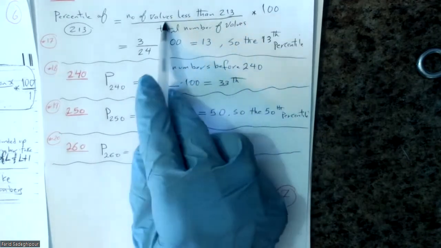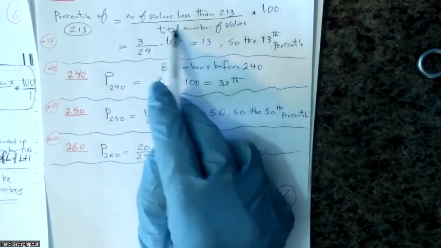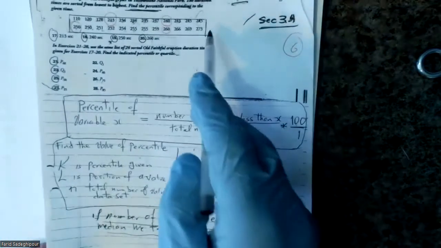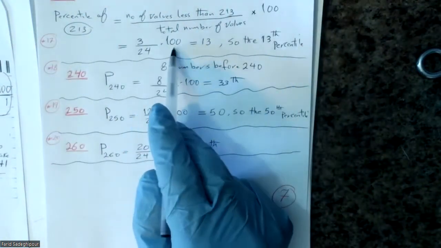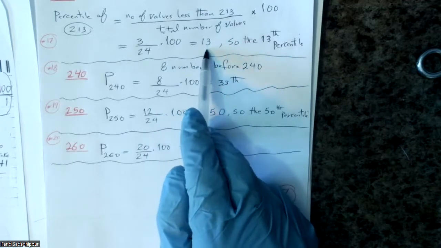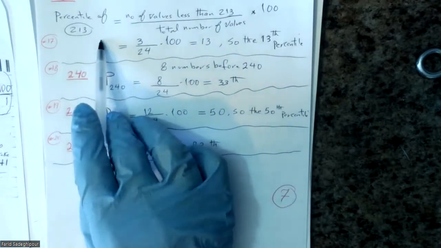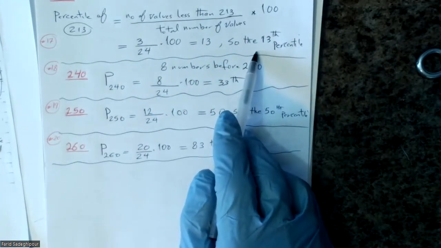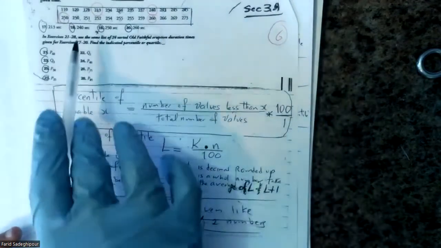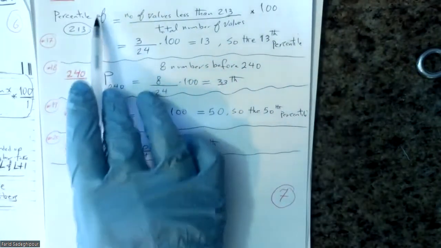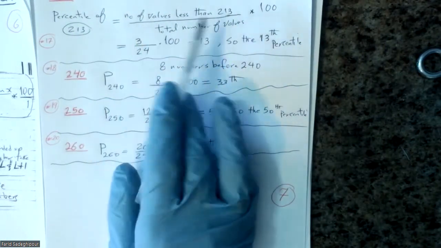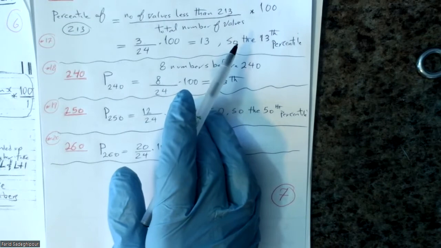How many numbers do we have all together? What's the total number of values? There are 24 numbers. So you put that here and multiply by 100. So the percentile of 213 is 13%. Means when you list all the numbers on the number line, 213 is 13% of the whole line.